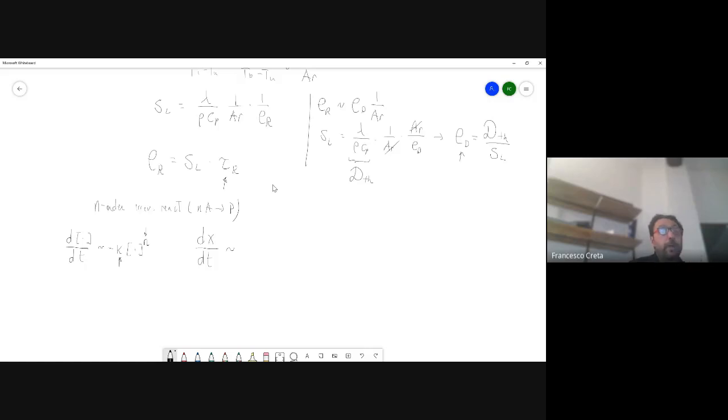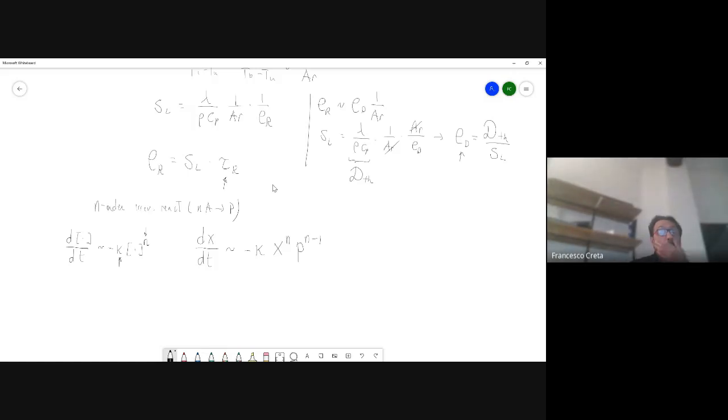So if we write this in terms of mole fraction, we essentially have minus K, the mole fraction to the power of the order of the reaction, and then we are going to have a pressure to the power n minus 1.